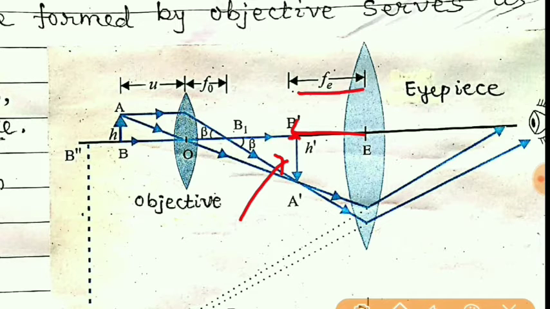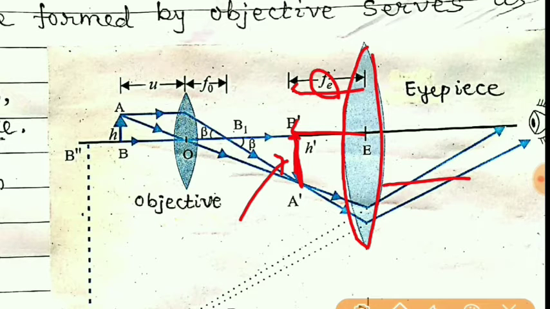You can see this distance is FE. So this image is formed near the focal point. So we have to adjust this lens by sliding to and fro, and we have to adjust in such a way that this image which is formed should be near the focal point of this eyepiece.